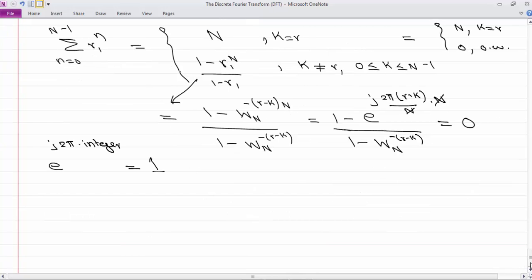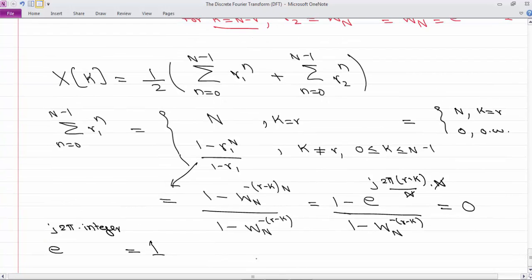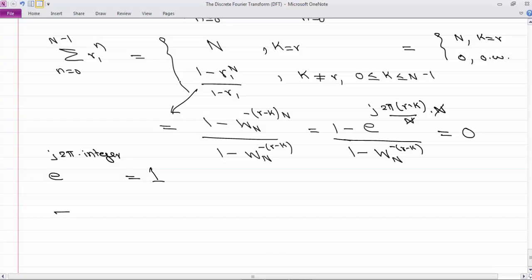So let's look at the second summation then. The second summation is summation n from 0 to N minus 1 of r2 to the n. Again, the case where we are going to be dividing 0 by 0, we have to handle separately. So we know that r2 is equal to 1 for k equal to N minus r.